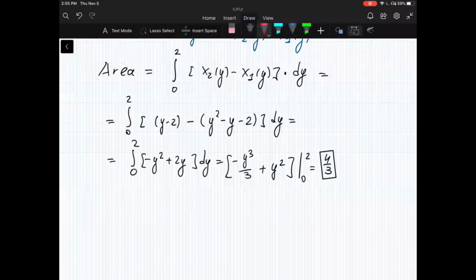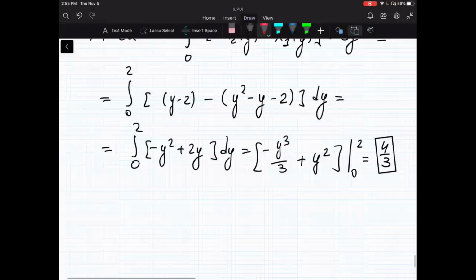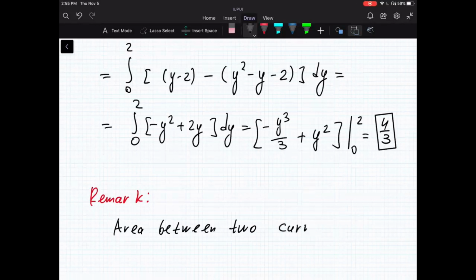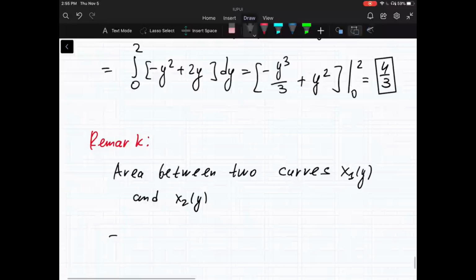So let me make one remark. Thus we can say that the area between two curves that are expressed in terms of y, so x1 of y and x2 of y, is given by this integral.